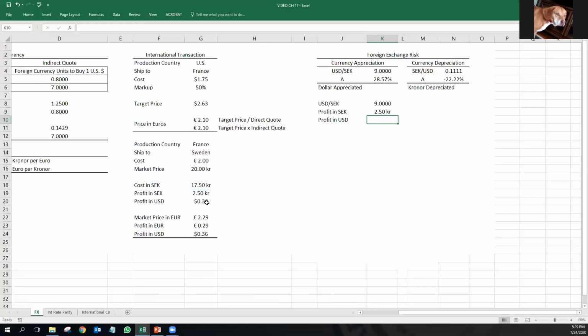And then, just like we did before, do the conversion, except that now we're going to divide it by this one. Notice how your profit is less now.